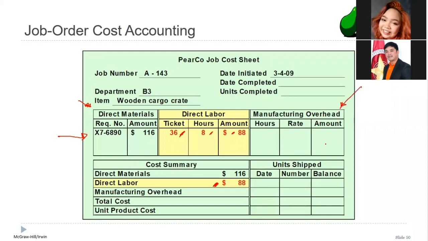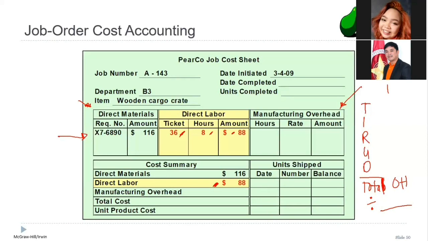Okay? Now, what we do here is we add all of that up, our total overhead. If the costing system we are using is an actual costing system, that total overhead would be distributed to all the jobs that we have. Now, the company has the option to also use the normal costing system, wherein we make use of the predetermined overhead rate.